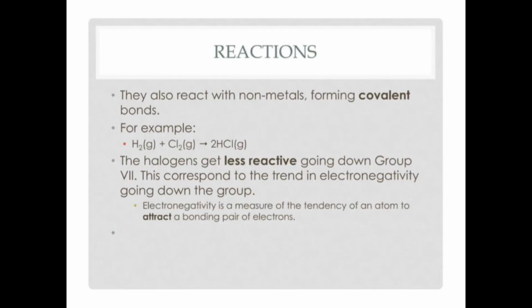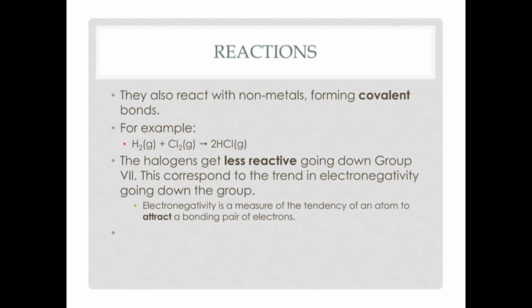Okay, so let's look at their further reactions again. Since they are non-metals, they can form covalent bonds. With metals, they will form ionic compounds, but with non-metals, they will form covalent compounds. They can react with hydrogen to form HCl, which is covalent, and then they can also react with especially group 3 metals to form covalent compounds as well.